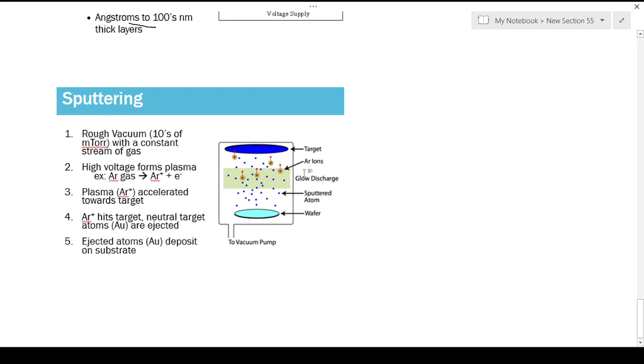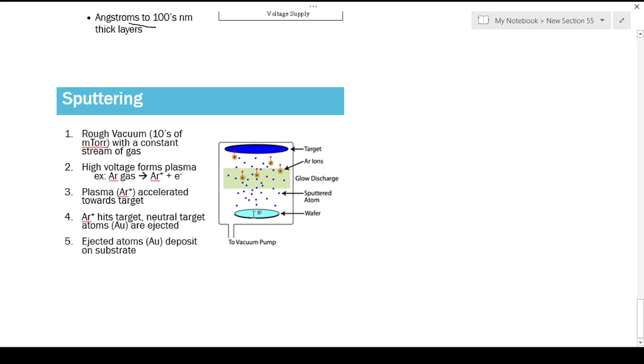In this glow discharge process, the Ar plus ions will be accelerated. How do we accelerate the Ar plus ions? Because we will be applying a voltage across this wafer and target, and the wafer will have the negative terminal and the target will have the positive terminal, so of course the Ar plus will be accelerated, and it will be hitting the wafer.